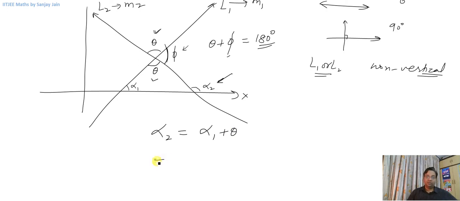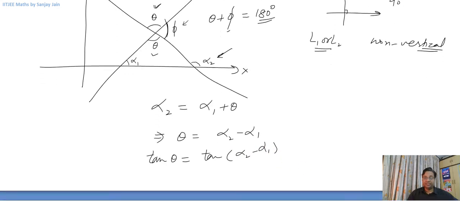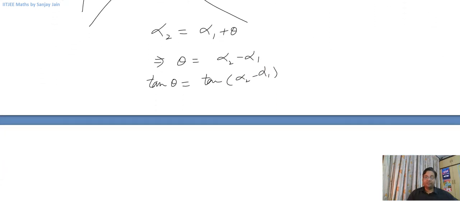right? So what can you say about theta? It will be equal to alpha 2 minus alpha 1. Now I am going to talk about the angle between the two lines in terms of their slopes. So let me take tan theta, and it will be equal to tan of alpha 2 minus alpha 1, right? And what is tan of a minus b?